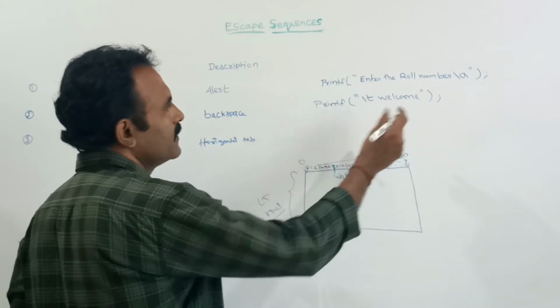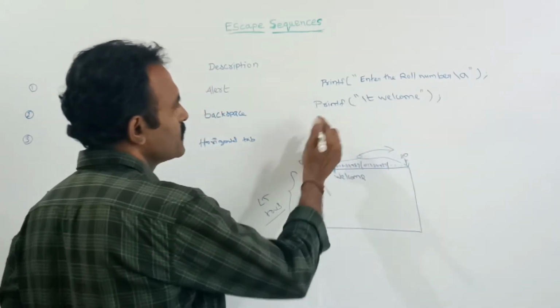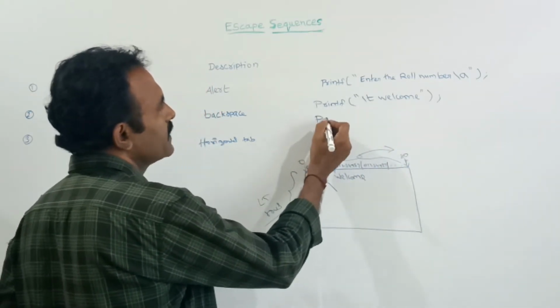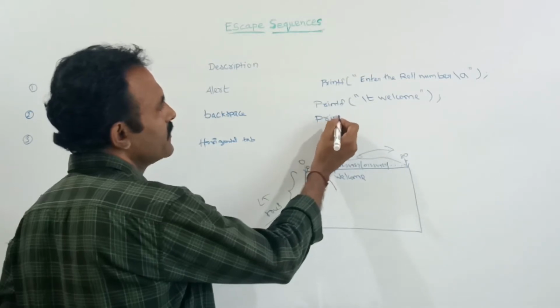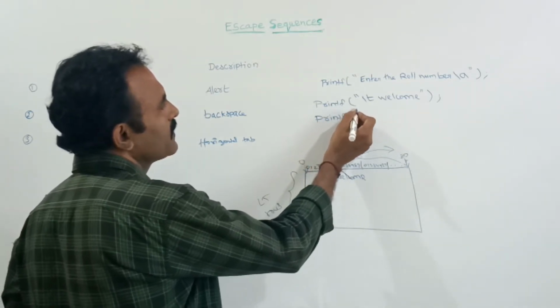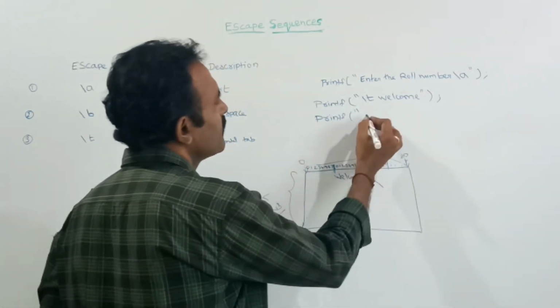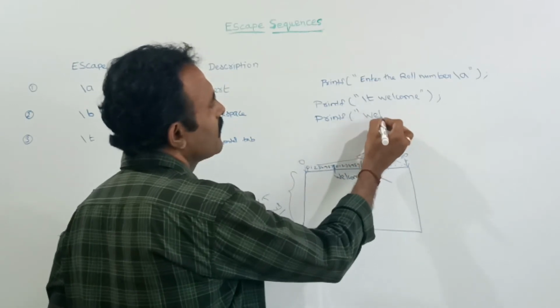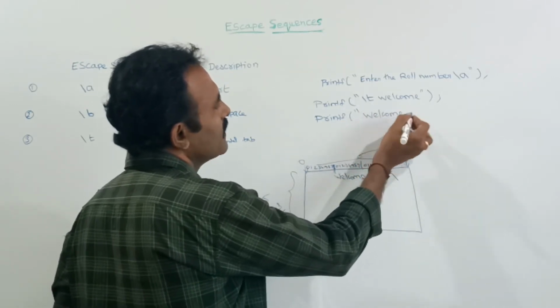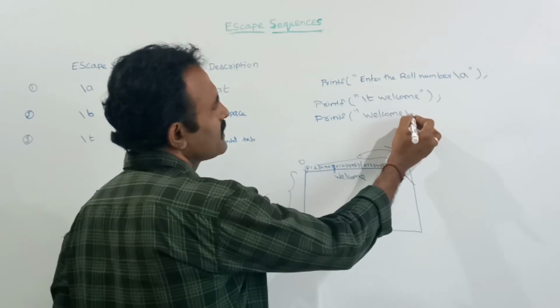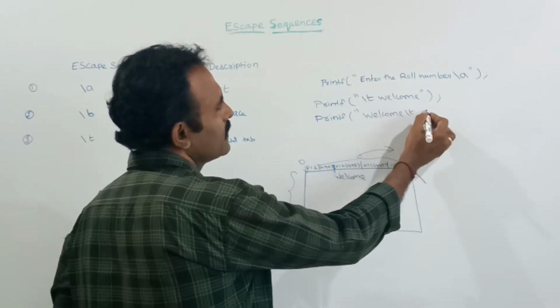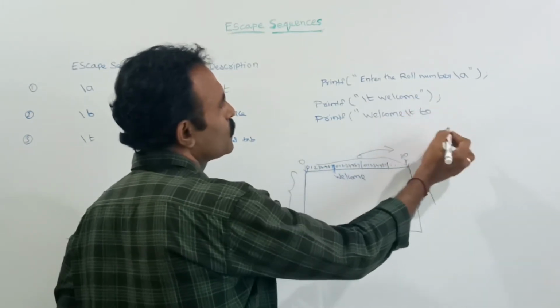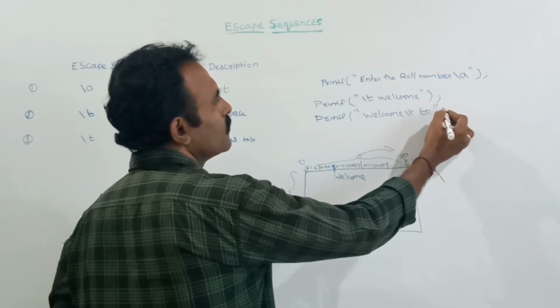Next, suppose I am printing the statement welcome slash t and 2, welcome to.